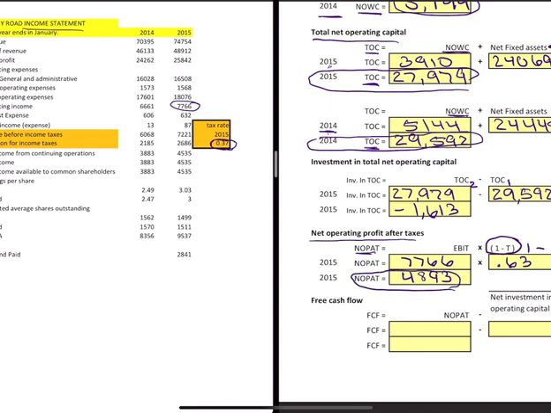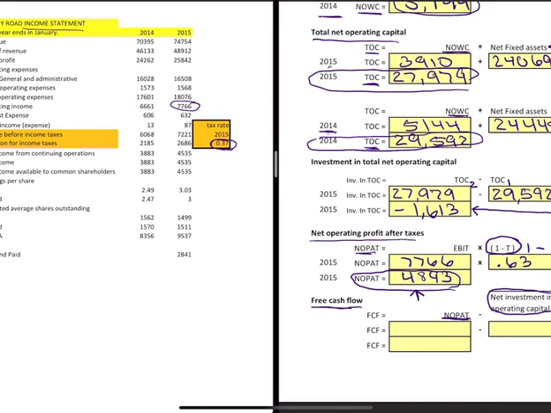So now we have all of the information we need, the two values we need to calculate our free cash flow, because we needed our NOPAT, which we have right here, and we needed our net investment in operating capital, which again is up here.